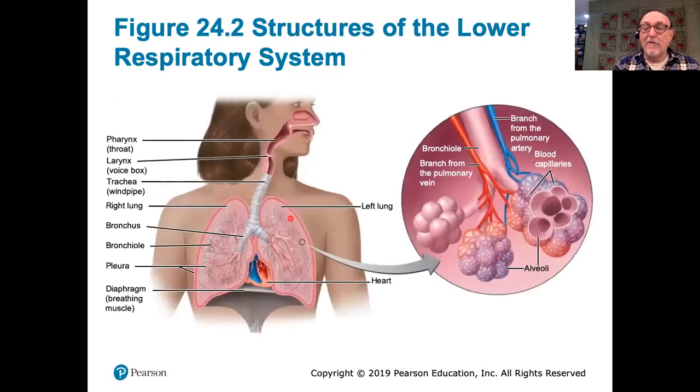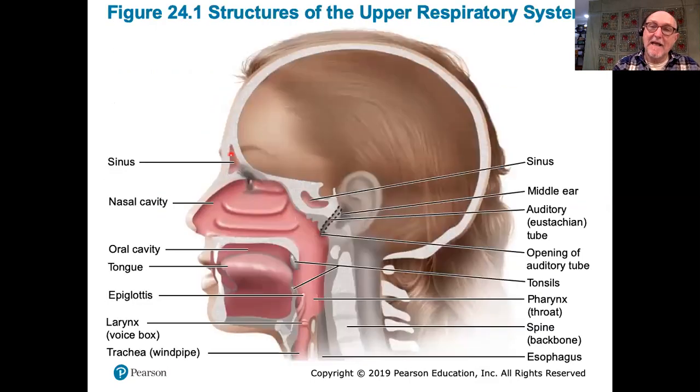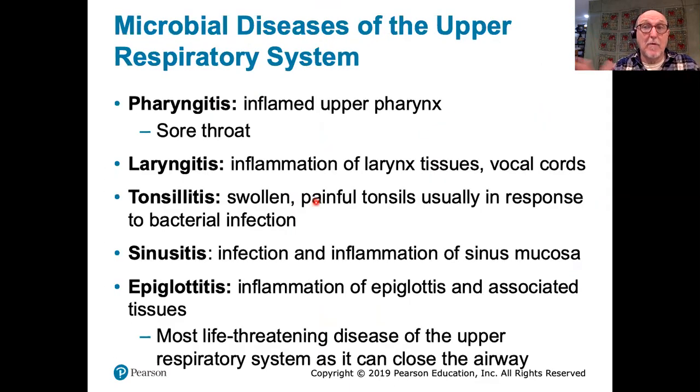Sinusitis is inflammation of the sinuses. The sinuses are cavities in the skull itself, which are lined with mucous membrane. They connect via ducts to the rest of the respiratory tract. But the problem with sinusitis, as many of you probably know, is that the ducts that communicate and drain the sinuses are very narrow, and any inflammation of the associated tissues can block those ducts.